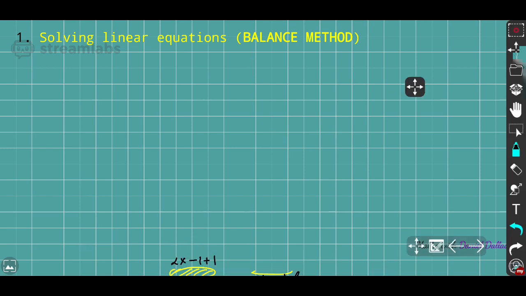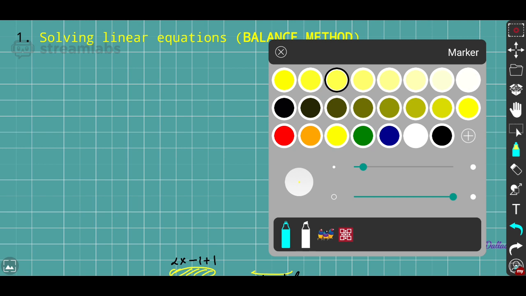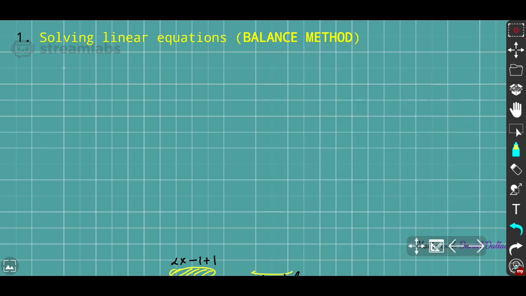To more advanced stuff, we are going to consider this example. Let's say 9 plus 2x equals negative 11. All right, how would you solve that? You need to solve for x.